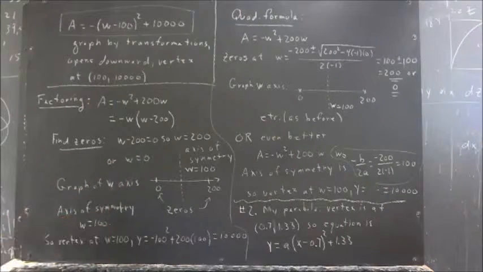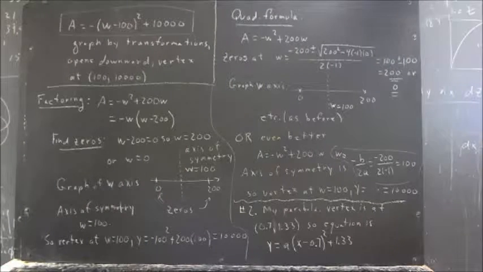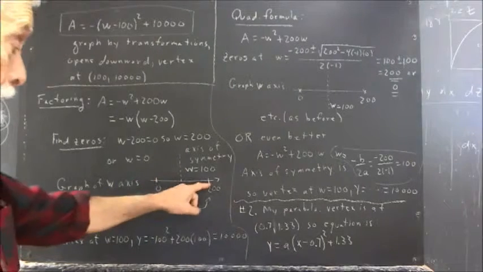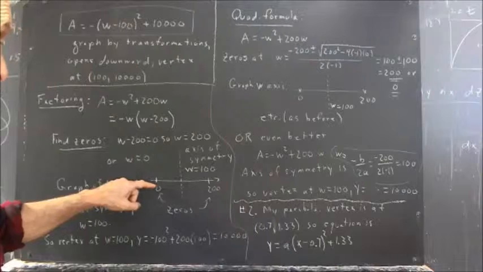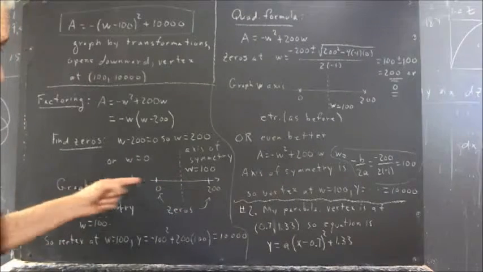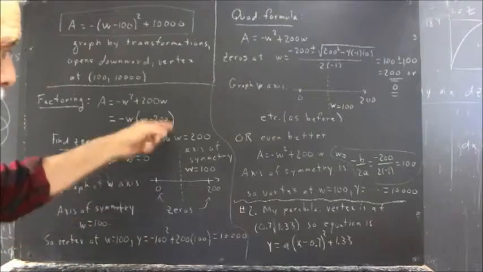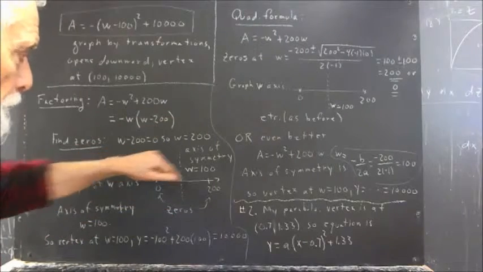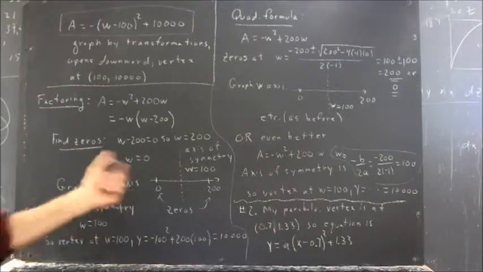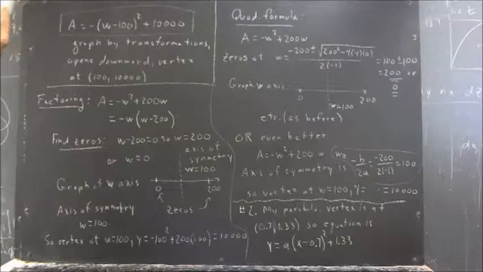Now, how do we use this to find the max or min, or to graph the function? Well, we've got 2 points in the graph. On the W axis, we have 0 here. We have 200 here. So here's a graph of our W axis, and we know that since the graph is symmetric, it's going to have an axis of symmetry that's exactly halfway between these two zeros, meaning the axis of symmetry has to be at W equals 100.